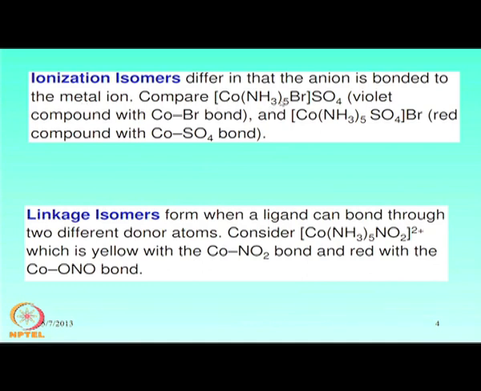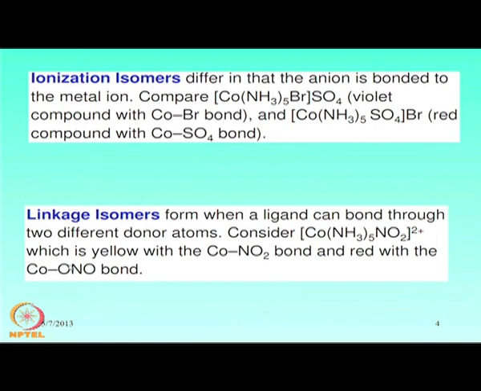Compare this with another example where cobalt is taken with 5 ammonia molecules, 1 Br and sulphate, which is violet in color with a cobalt-bromine bond. In the second compound, where sulphate is inside the coordination sphere, the compound color is red, with a cobalt-oxygen bond of the sulphate group. So outside and inside the coordination sphere can give rise to the corresponding ionization isomers.